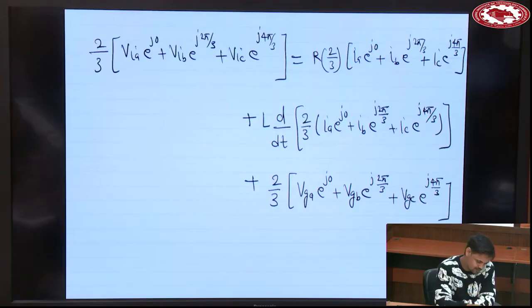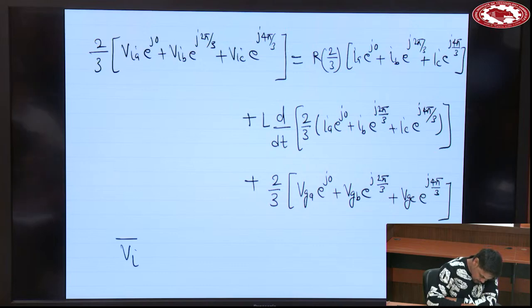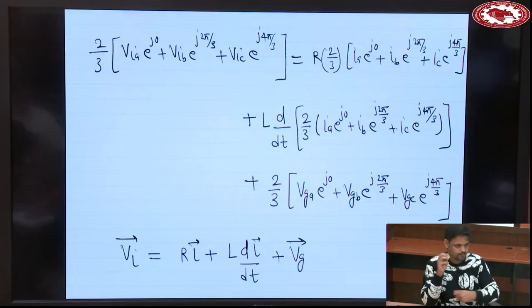So this is nothing but the space vector of the inverter voltage, the space vector of the output current, the space vector of the grid voltage. So this equation can be written as Vi vector is equal to R i vector plus L di vector by dt plus Vg vector.